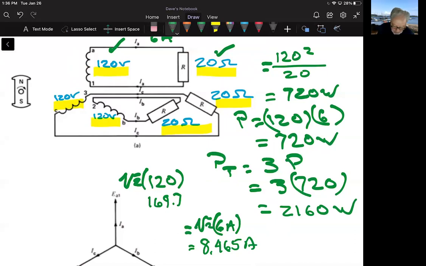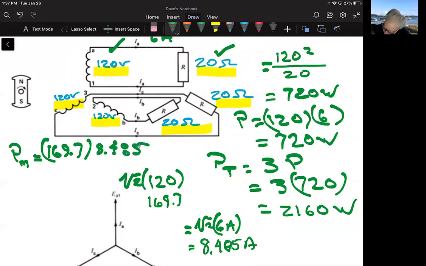Now I have the peak power in each resistor. The peak power in each resistor, P peak, is going to be 169.7 times the current, which is 8.485. I had 6.5 here, I apologize, it's 8.5. And if I multiply that out, the peak power is 1440 watts.